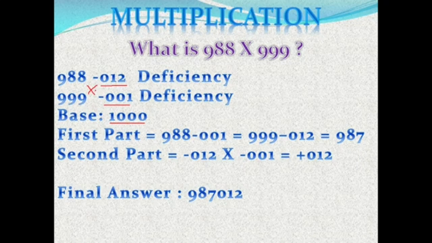Don't get confused that I am performing multiplication here. I am performing sheer addition or subtraction. It is something like 999 minus 12, but I have to do it crosswise. That's what this symbol is all about. It's not multiplication. Here I am performing either addition or subtraction.